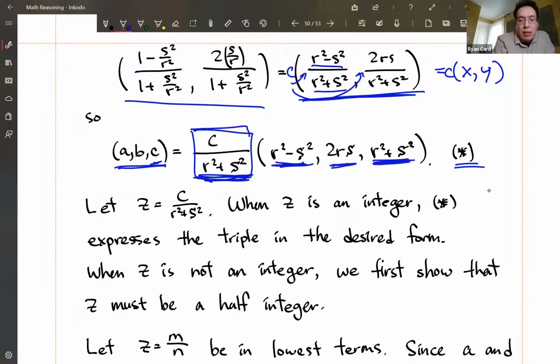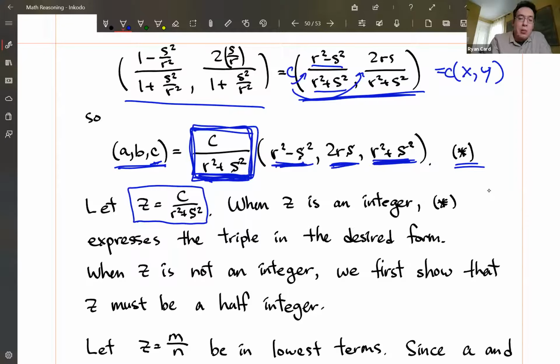So the best case scenario is what we pulled out into the front. This is some integer, but it turns out that it doesn't have to be an integer. So let's call this guy z and see what it would have to be. If it was an integer, then we are actually done. It's an integer multiple of the form that we set out to prove.